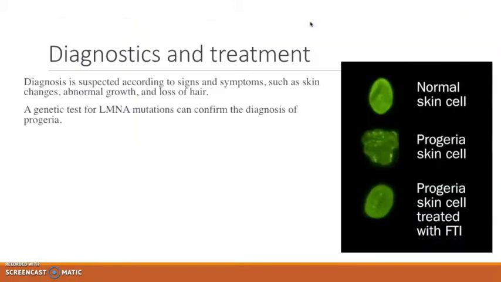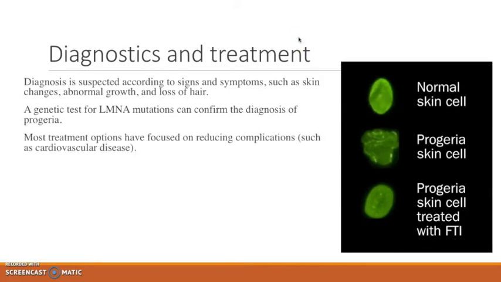The diagnosis is usually suspected according to signs and symptoms, such as skin changes, abnormal growth, and loss of hair and body fat. Also, genetic tests for lamin A mutations can confirm the diagnosis. Most treatment options have focused on reducing complications, such as cardiovascular disease.